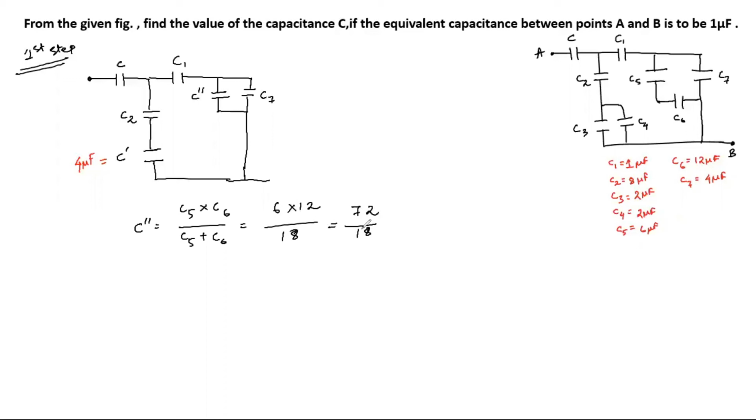Right, so it is 4 microfarad. Yes, there is 4 microfarads. So this C double dash which you see is 4 microfarad. Right? This is our first step.